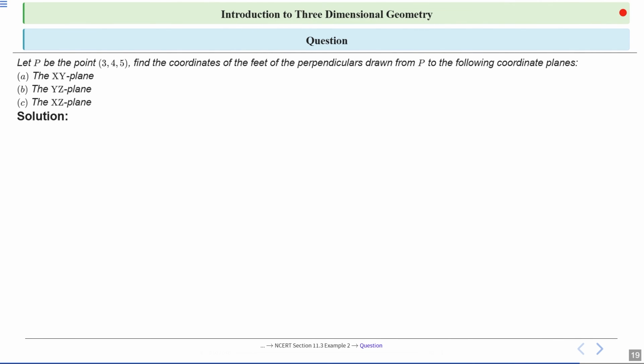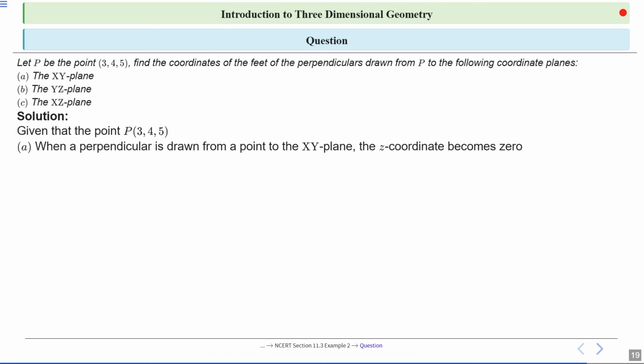So let's start the solution of this question. Given the point P 3, 4, 5, when a perpendicular is drawn from a point to the xy plane, the z coordinate becomes 0.